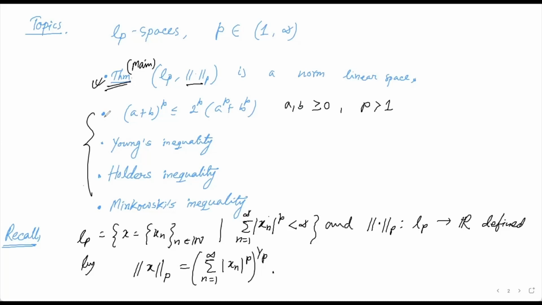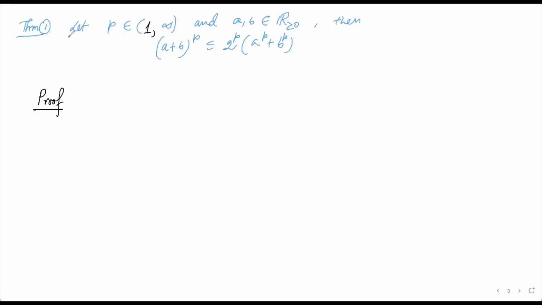Okay, so let us prove this inequality first. Here is the statement: let p belong to the open interval (1, infinity), and let a, b be non-negative reals, then this inequality holds true. Here is the proof.